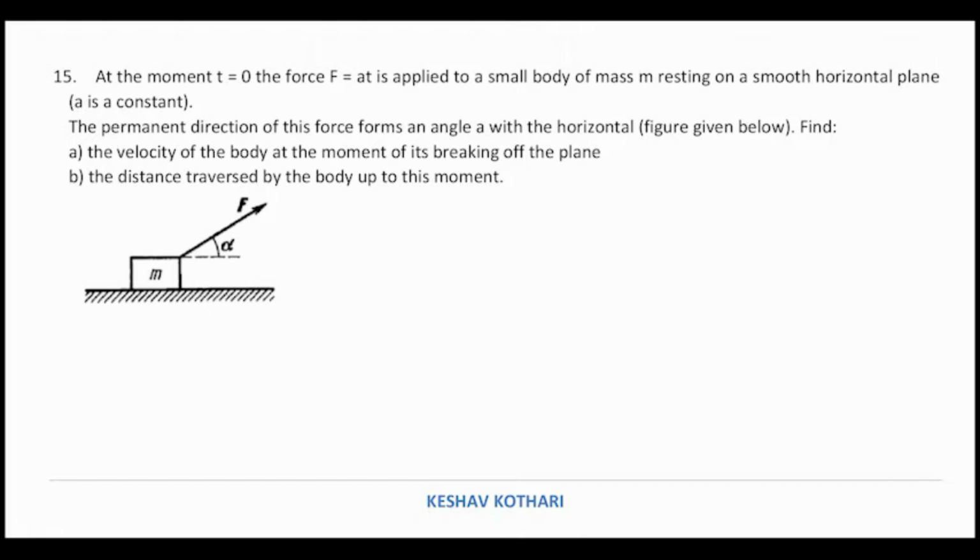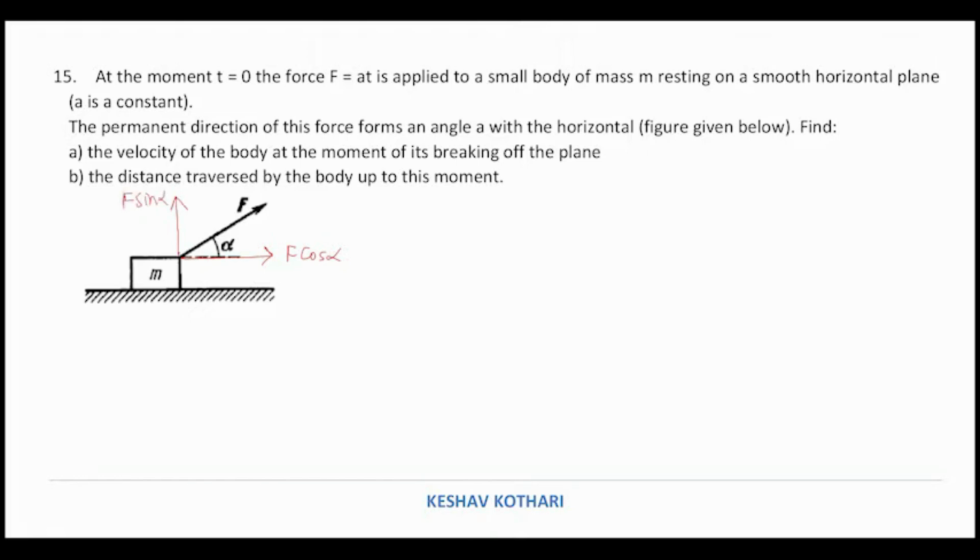So if we begin solving this problem, the first thing that we do is break the force into components. In this direction the force is going to act as F cos alpha, and in the upward direction it is going to be F sin alpha.